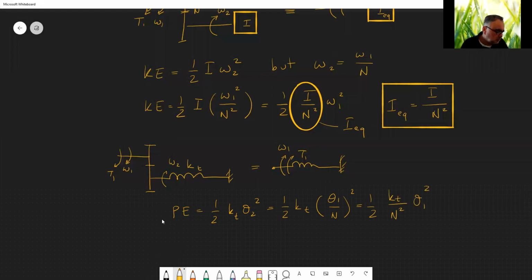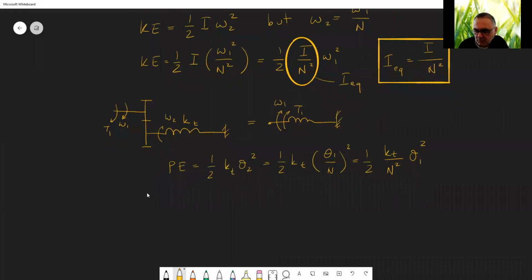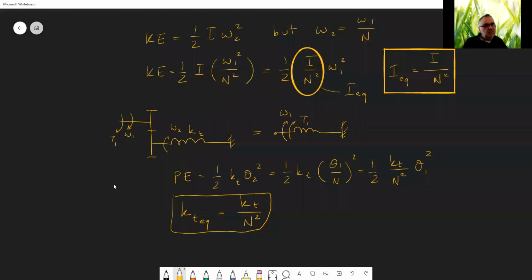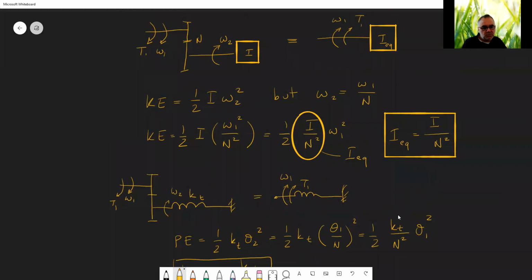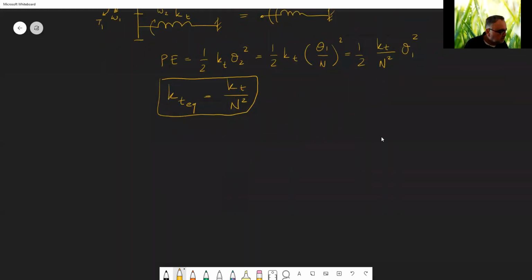So the equivalent spring of this system, kT equivalent, would be kT over n squared. So the spring constant of the system equivalently decreases. Also, the inertia equivalently decreases. And similar things happen when you use a damper, actually.